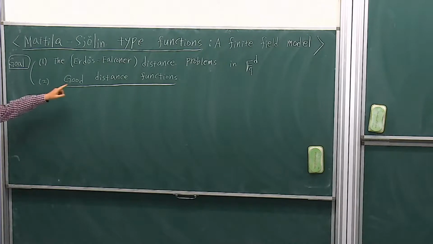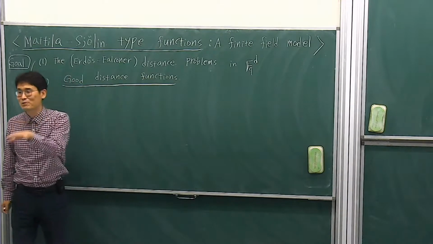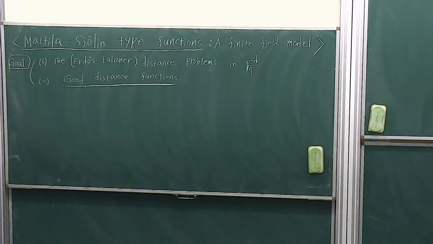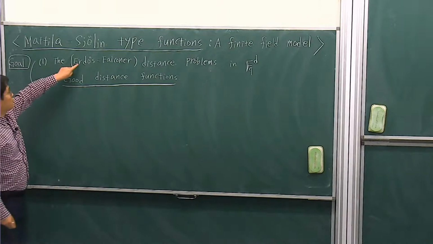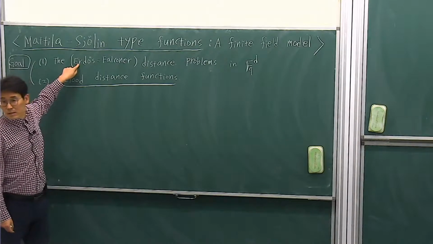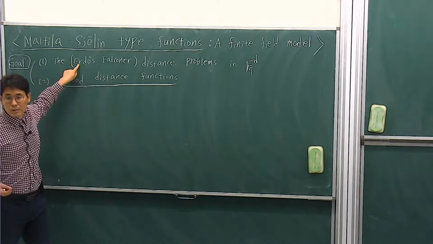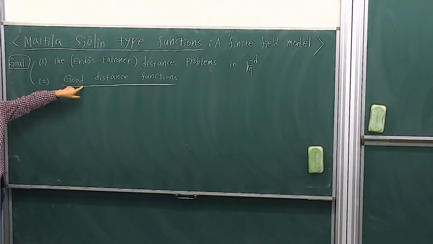This function gives us a good distance result. We can prove it. This is a very famous problem now. It's tough. No one has the right conjecture, but for certain specific good functions, we can solve this problem.